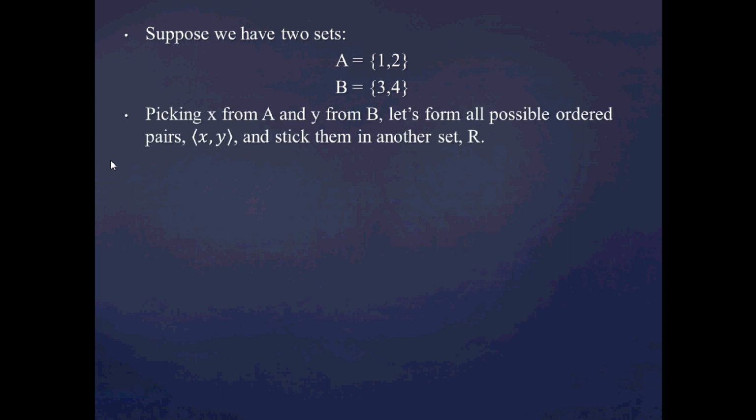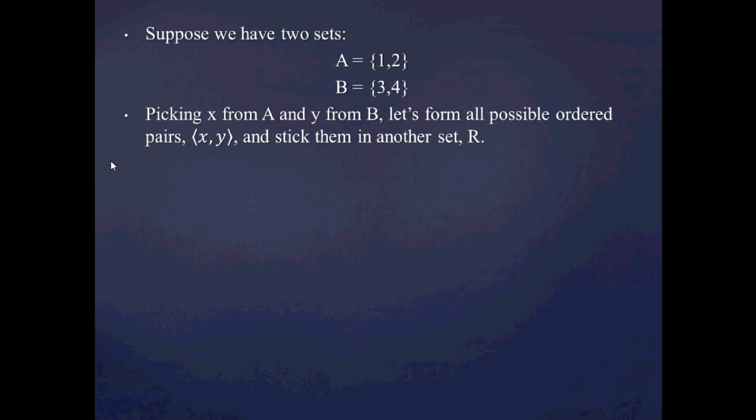Since we've given a rigorous justification for what an ordered pair is, let's start to build upon that and see where that leads. So suppose we have two sets. First, the set A containing 1, 2, and some set B containing 3, 4.